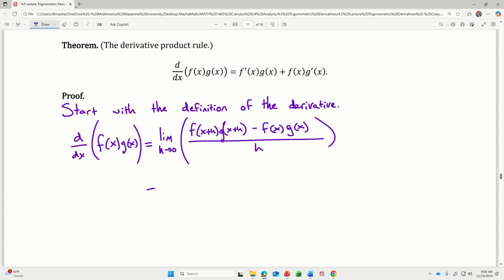That's the definition of what it means to take a derivative of this function. And then we're going to add and subtract the same thing from the numerator.